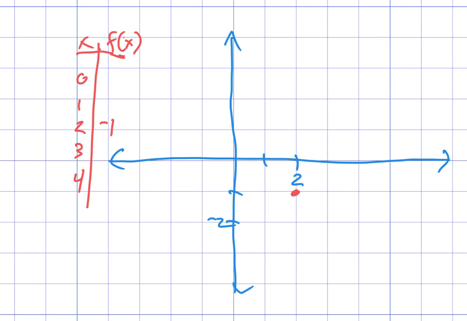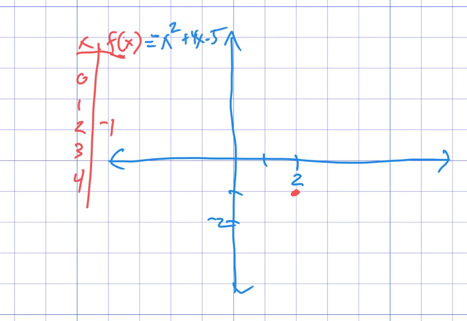So since that's my middle value, I'm going to go numbers up and numbers down. So I plug those into my f of x equation, and I like to start with 0. The equation is f of x equals negative x squared plus 4x minus 5.